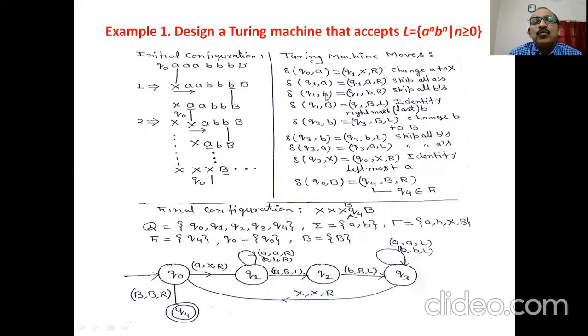What will happen if it has exhausted all A's and all B's? Then the machine reads the capital B, meaning the blank symbol. Now the machine changes its state from Q1 to Q2, replaces this B by B and moves in the left direction. This way it identifies the rightmost B.